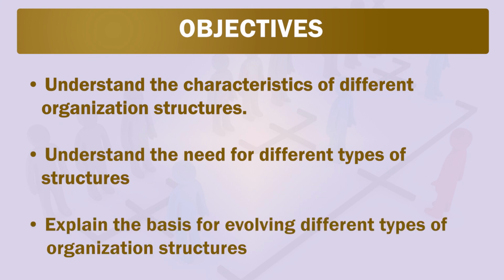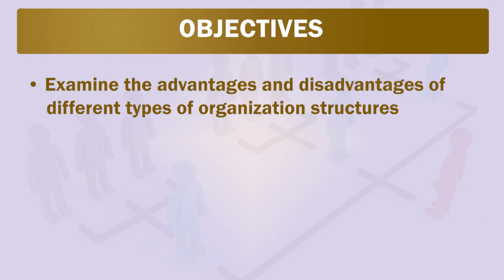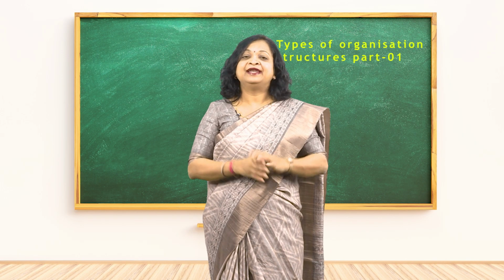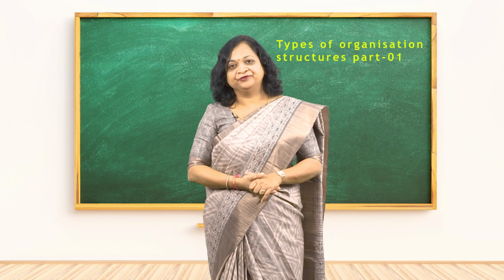The objective is to explain the basis for evolving different types of organization structure, examining the advantages and disadvantages of different types of organization structure, and the factors to select the perfect organization structure. So, let us start by understanding the organization structure and its types one by one.